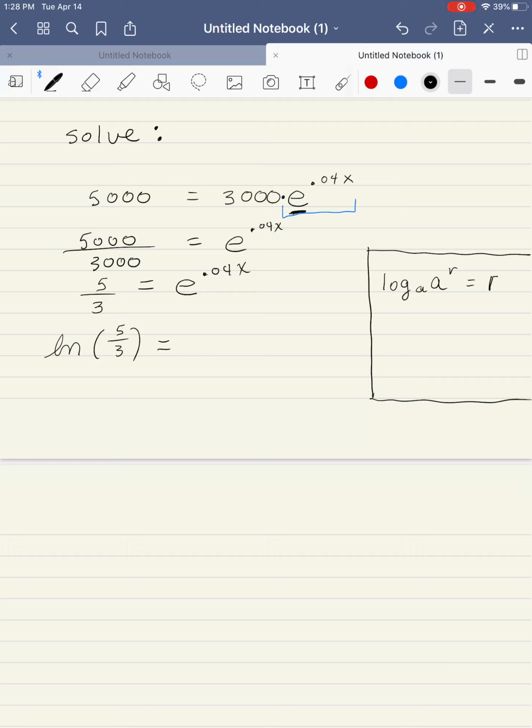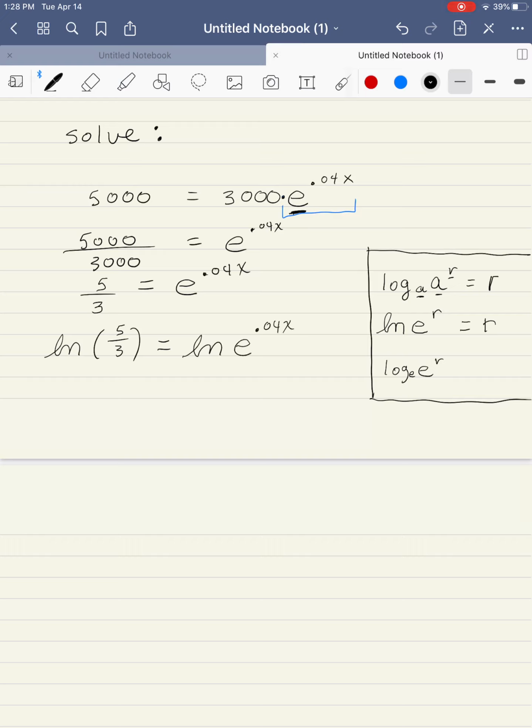Well, if I rewrite this principle in terms of base e, remember ln means logarithm base e. So I have the natural logarithm of e to the r power just equals r.